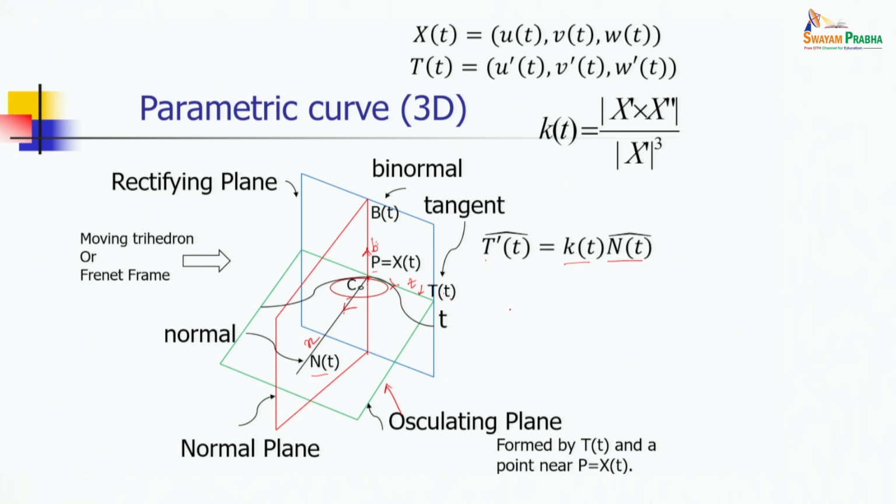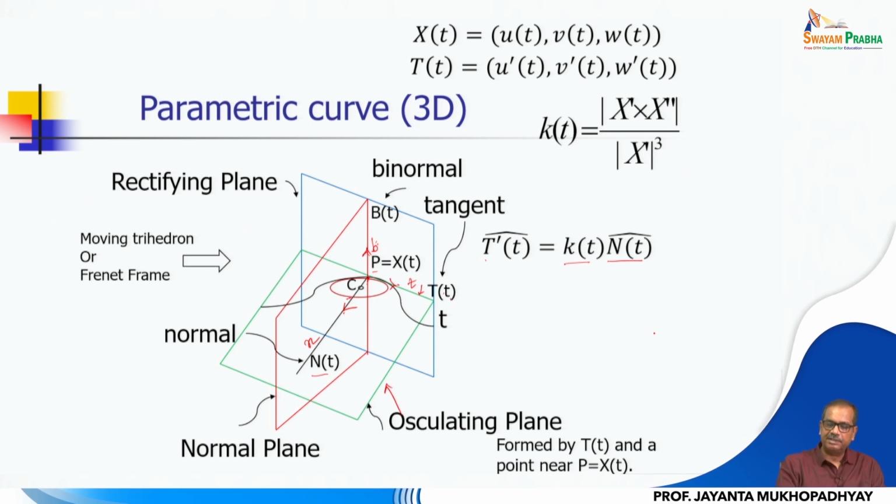Actually, when I said in two dimensions the derivative of the angle formed by the tangent with respect to the length, d psi ds, that relationship is reflected here, because that is the quantity which is the curvature, and there is a vector associated with it which was not well understood in that case.